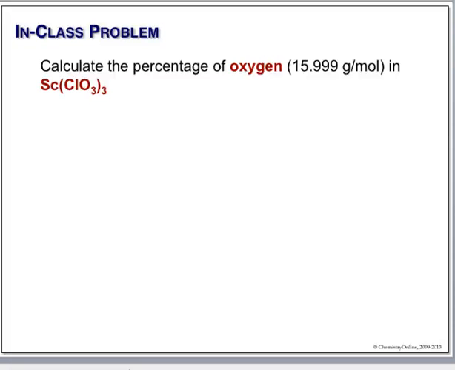Fluoride is a -1, isn't it? And there are 3 of them. That means our scandium must be +3. All right, so scandium(III) chloride, 295.3 grams per mole. We want the percentage of oxygen.